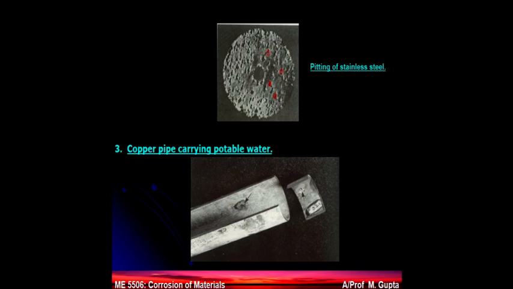Copper pipe carrying drinking water. Potable means drinking water, something which you can ingest. And you see the big pipe, but you have a small area which is undergoing pitting corrosion. And apparently it failed because the pit became deeper and deeper and it collapsed.